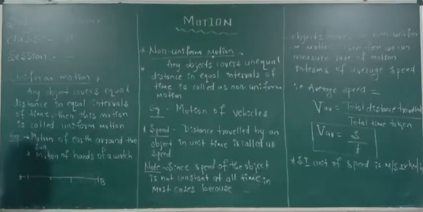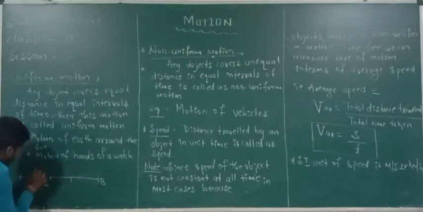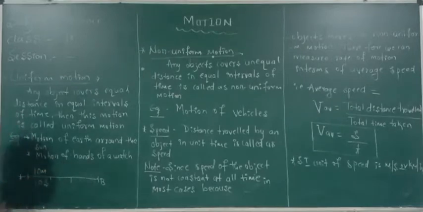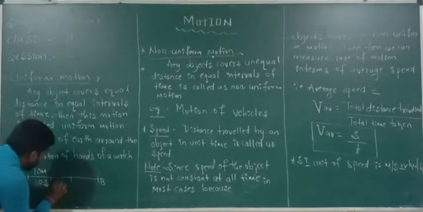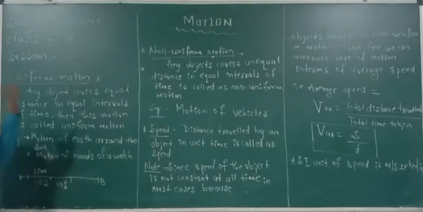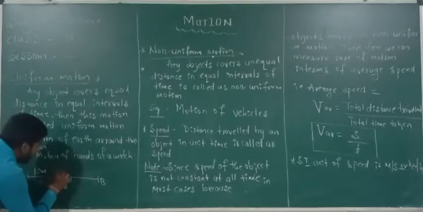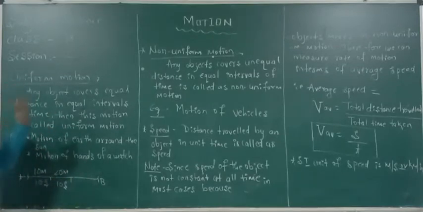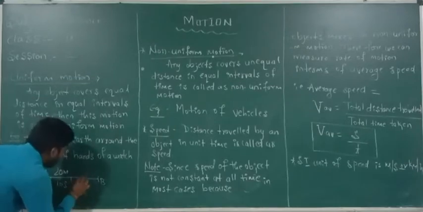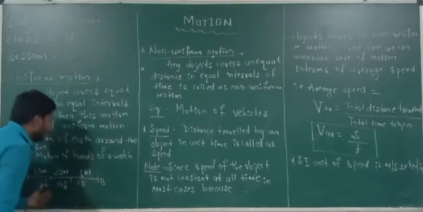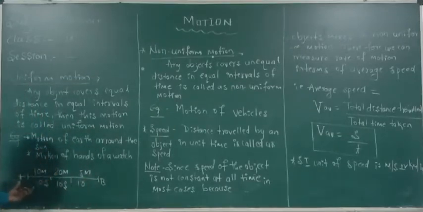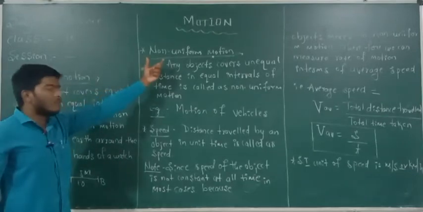That is, a car moves from the point A to B. In the first 10 seconds, it covers about 10 meter distance. After 10 seconds, an equal interval of time, it may cover 20 meter, and after another 10 seconds it may cover only 5 meter. The motion of the car in this case is said to be non-uniform motion.